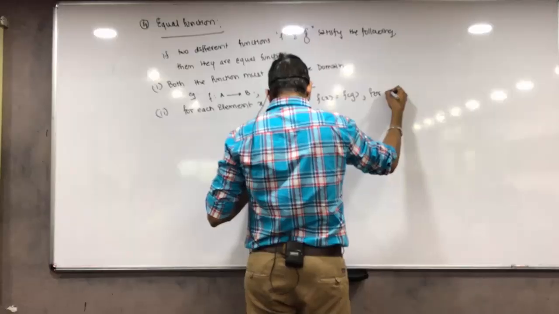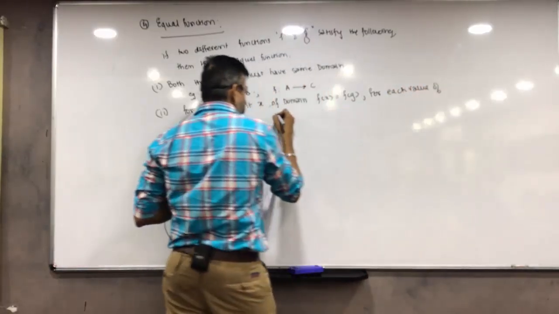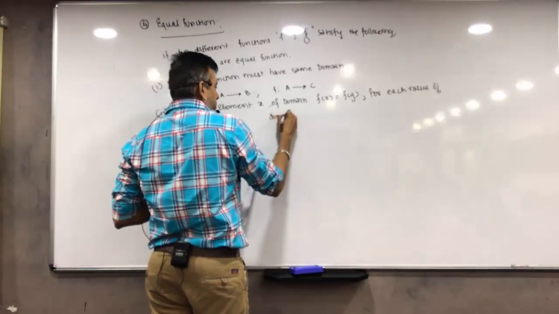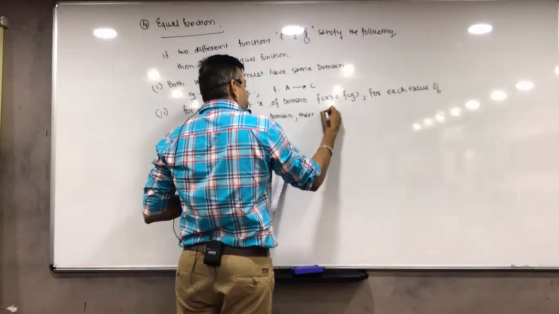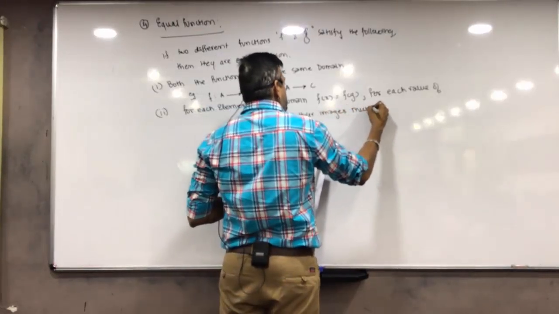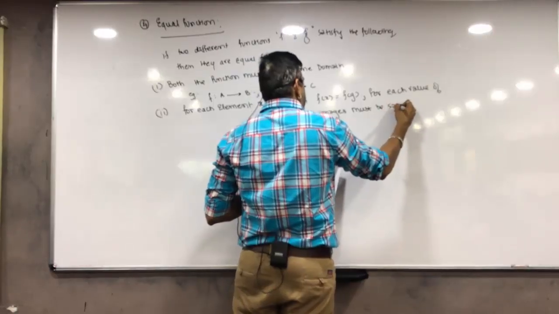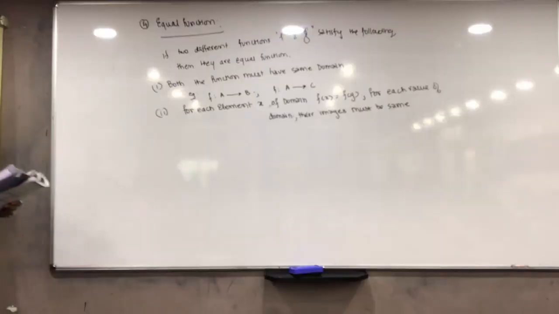For each value of the domain, their images must be the same. Their images must be the same.